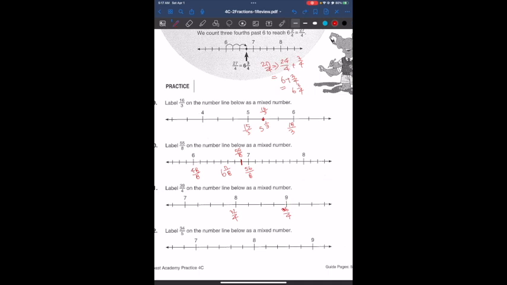And since we know that there's 4 spaces in between 8 and 9, we know that each line or each space is worth 1/4. And so we have to go 3 spaces from 36 over 4 or from 9. So this is going to be where we have 39 over 4. And we can write that as 9 and 3/4.